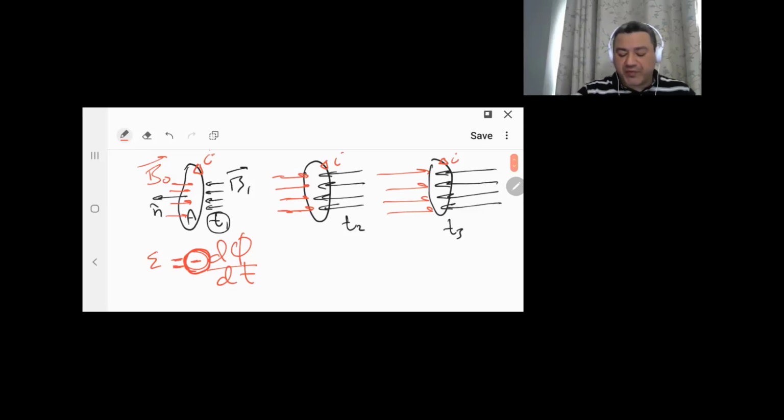Yes, because when the magnetic field starts to decrease, then the opposing magnetic field will also flip and will try to keep it the same, which basically will try to increase it, and that's why the current will flip as well.